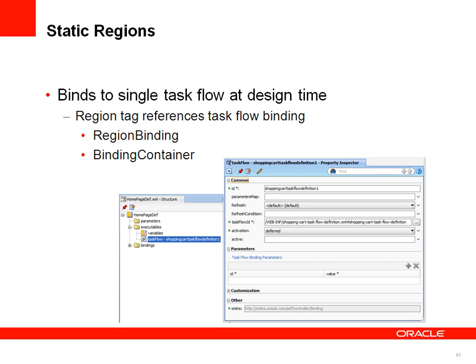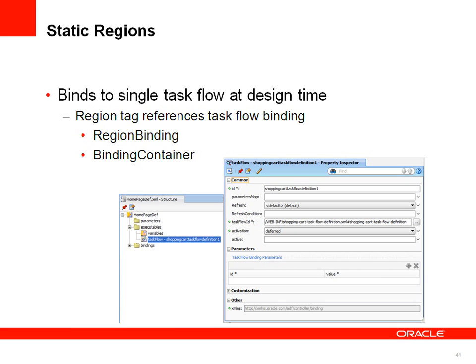You see a couple of properties here that you can set. So you see a parameter map. The parameter map is a way to pass input parameters to a bounded task flow. In the first session we created a bounded task flow that requires an input parameter. Now I could provide this parameter through a static parameter list, and you see in this property inspector a parameters section.